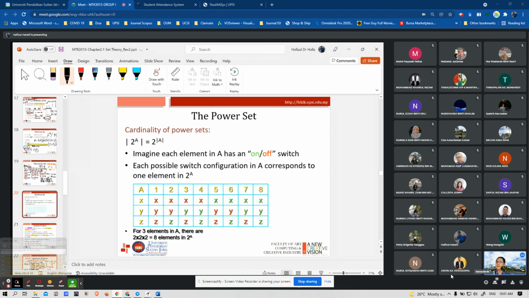Each possible switch setting in A corresponds to one element in the power set of A. So the size of the power set of A is 2 to the number of elements of A. For example, for three elements in A, there are 2 times 2 times 2, 8 elements in the power set of A. Here we have X, we have Y, and then we have Z.